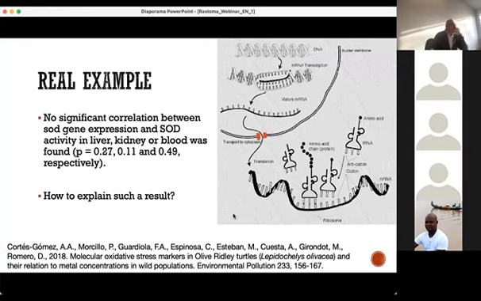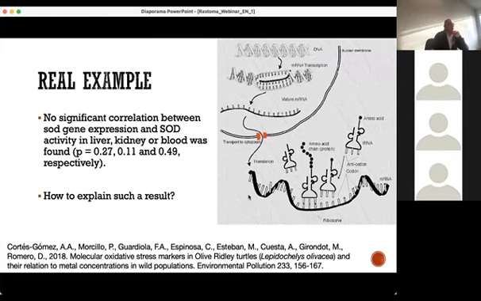She studied a biological marker, what is called a biomarker, and she studies the relationship between this marker and the contamination of individuals. If individuals are contaminated, do they present some gene expression?